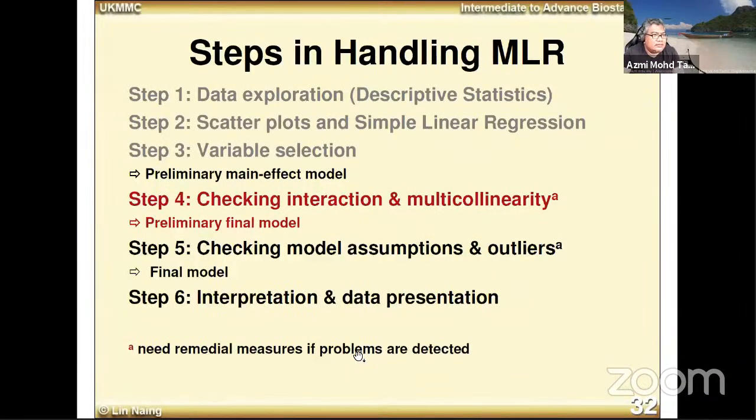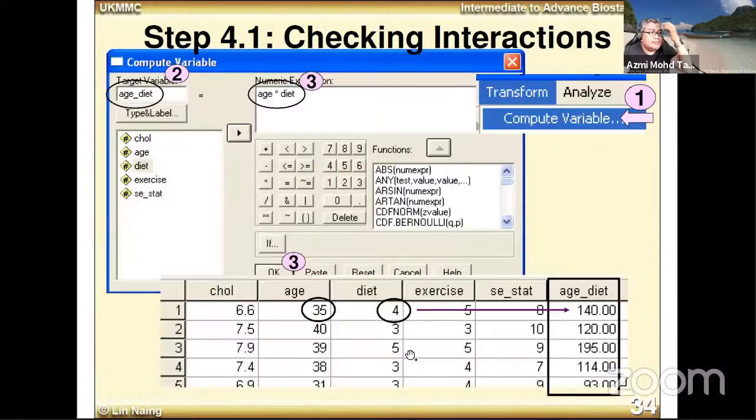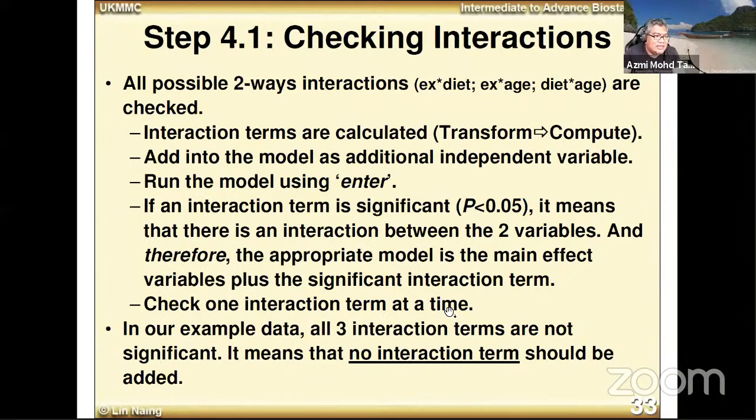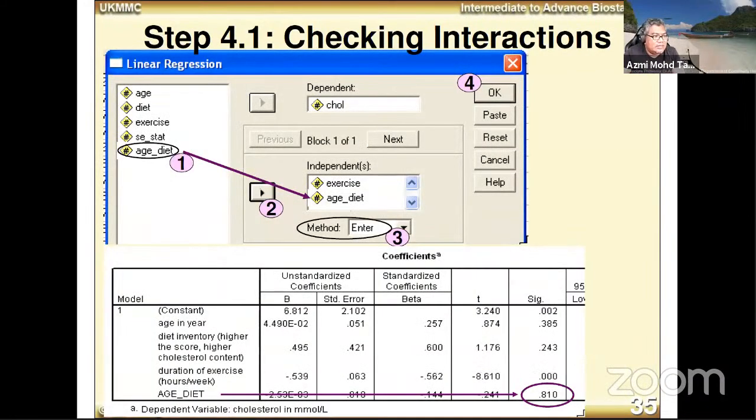We already did this exercise, how to generate all the variables. So now we're going to check for interaction. How to check for interaction?